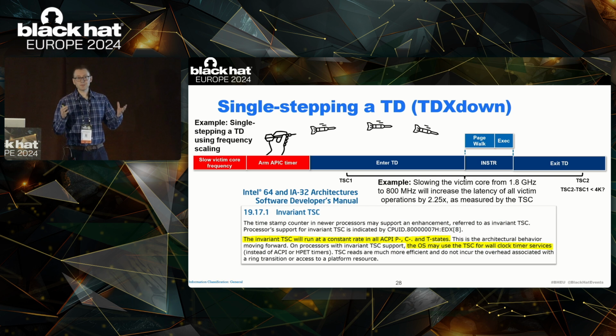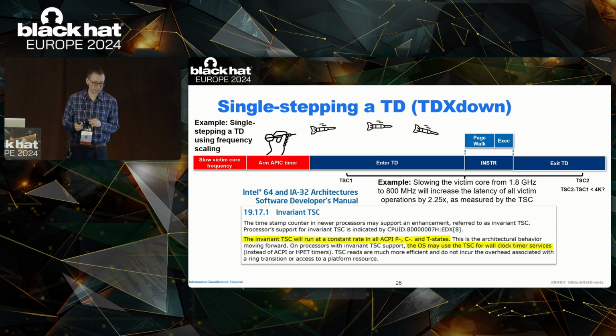So they observed that by slowing down the victim core, which in this case is executing a program within a trust domain, for example from 1.8 gigahertz to 800 megahertz, because of this invariant TSC property, that causes the latency of all operations executed by the trust domain to increase by a factor of 2 or more.